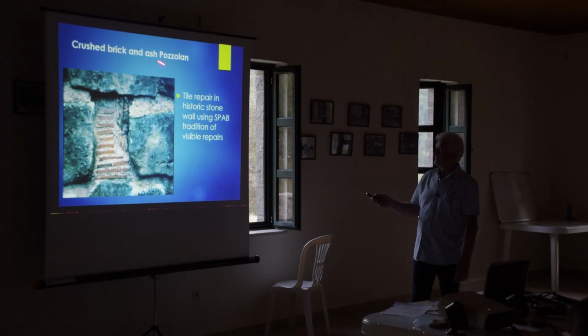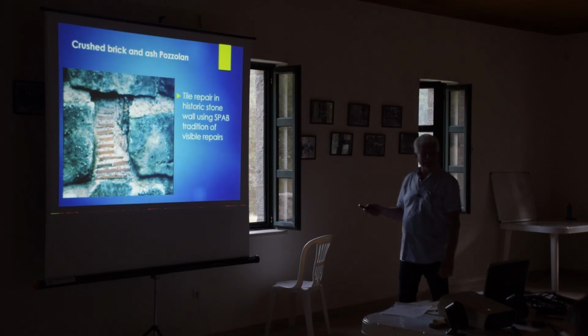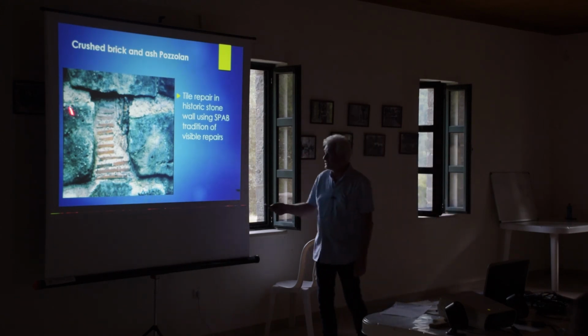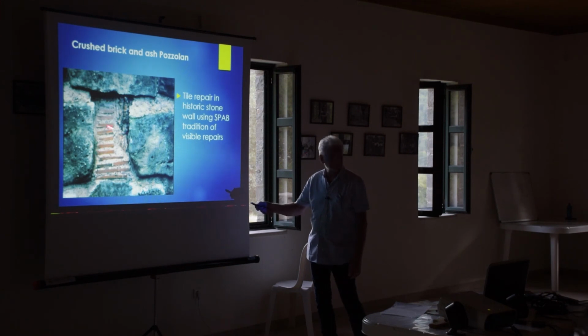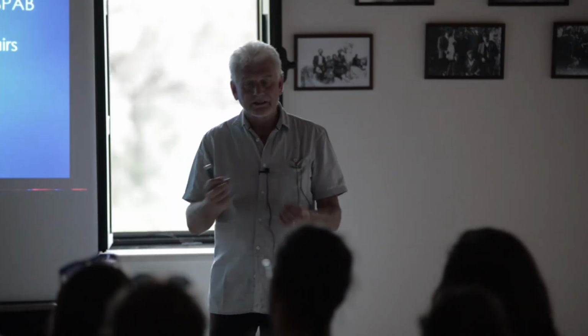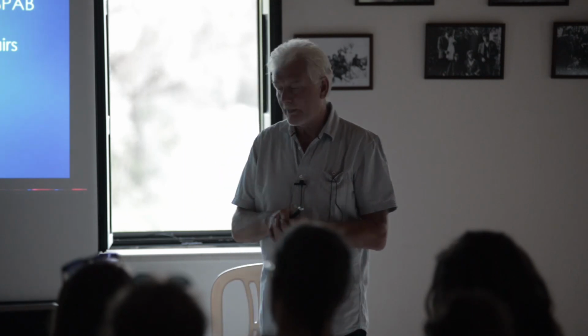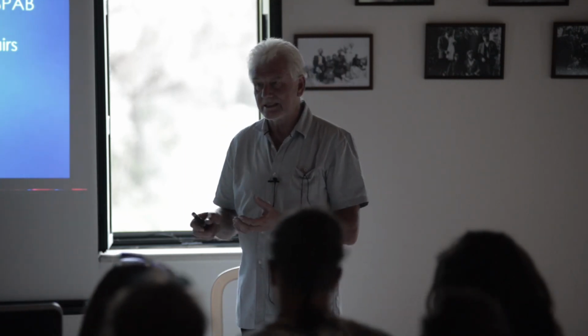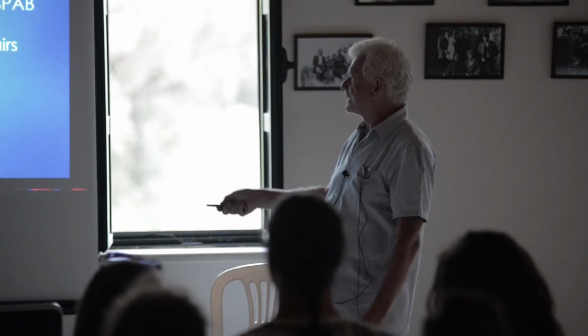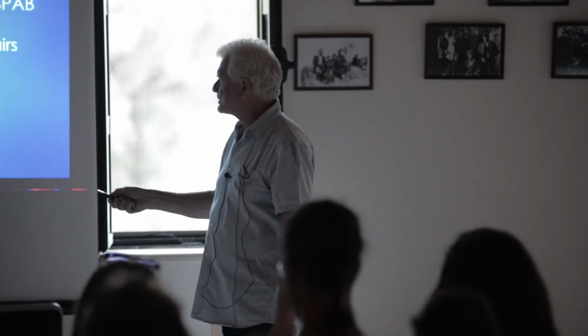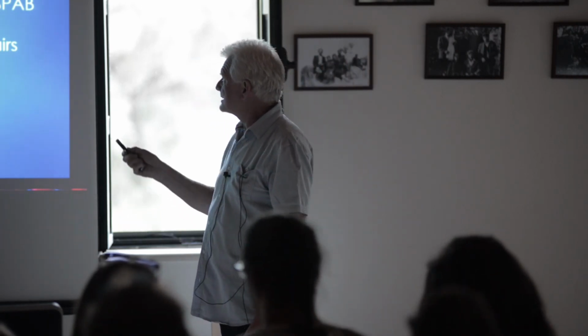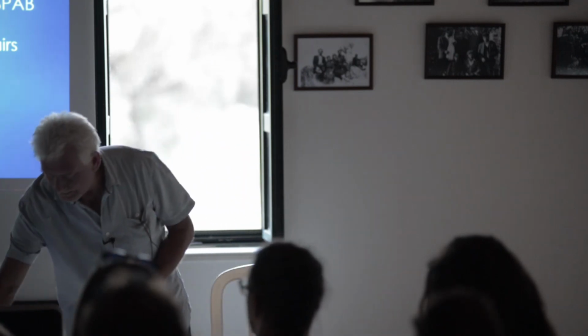But within the mortar, there's crushed brick and ash, fire ash. Can you see all the little black bits? That's gauged into the mortar at the ratio I told you, 8 to 10%. That's what a mortar looks like if it has the crushed brick.